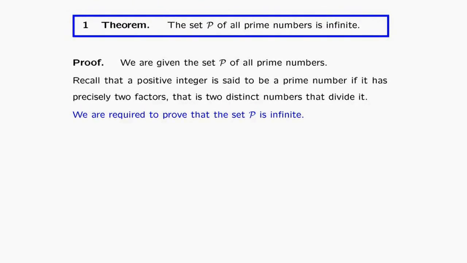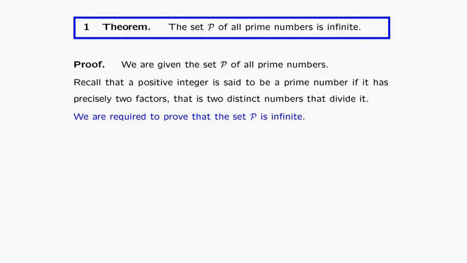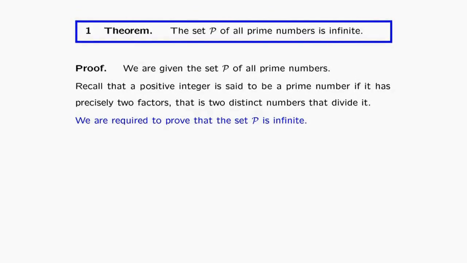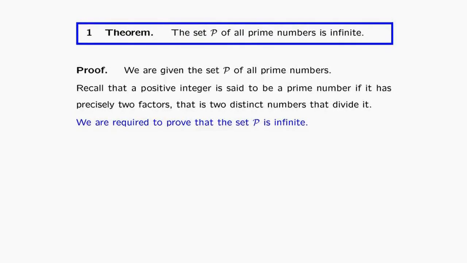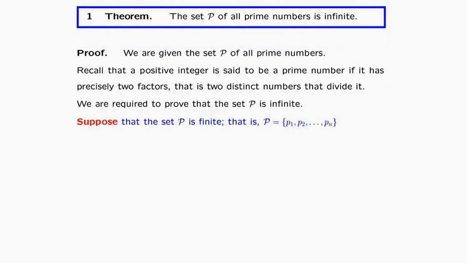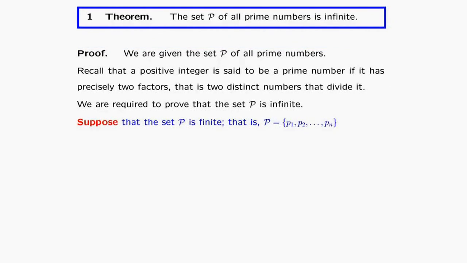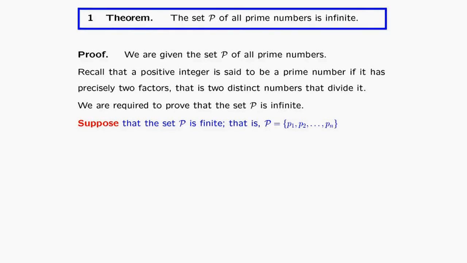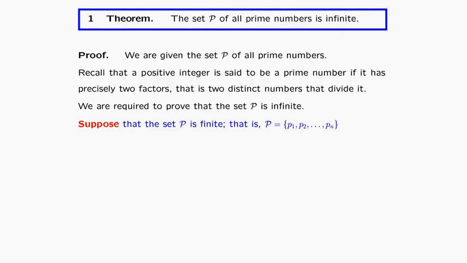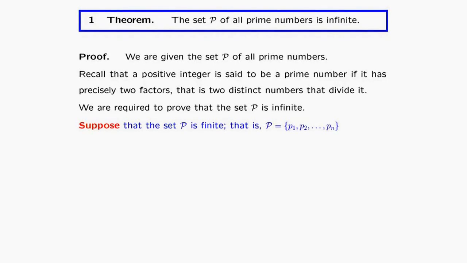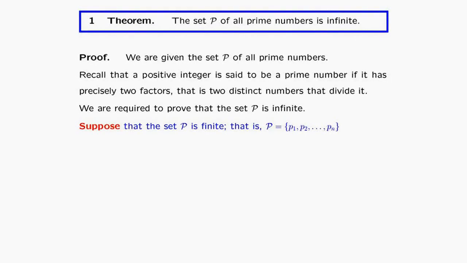We decide to use the method of proof by contradiction. So we suppose that what we are required to prove is not true. That is, in this problem, we suppose that the set P is finite. That is, P equals P1, P2, up to Pn.